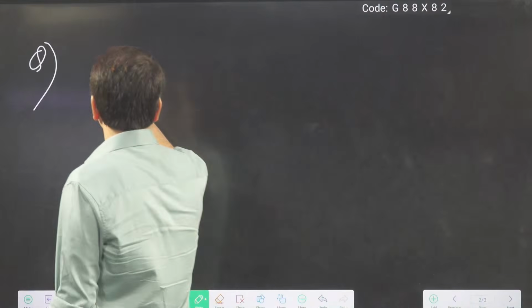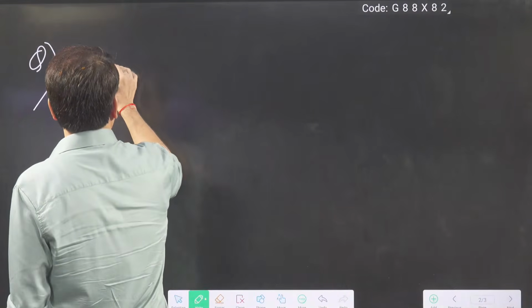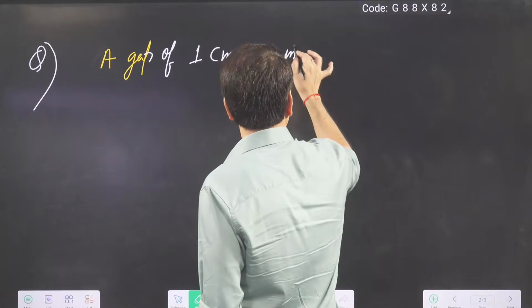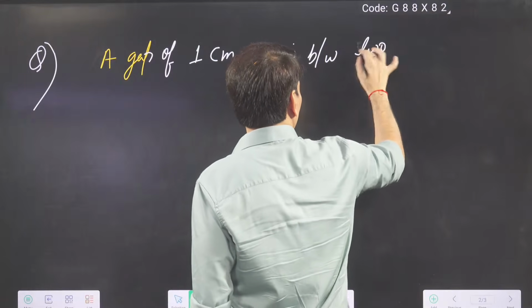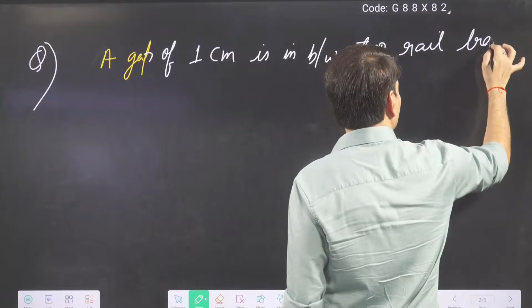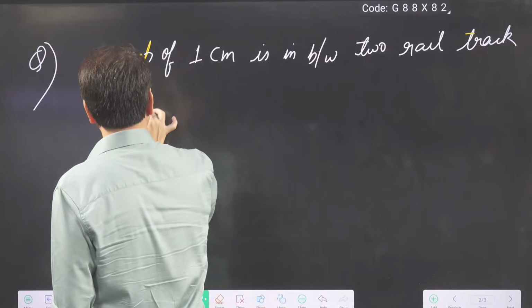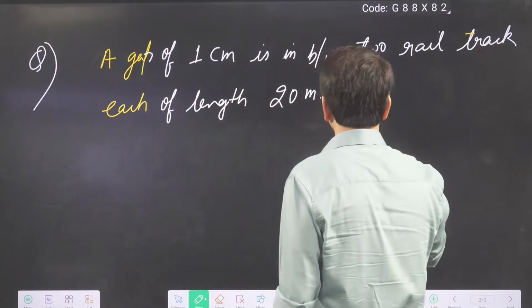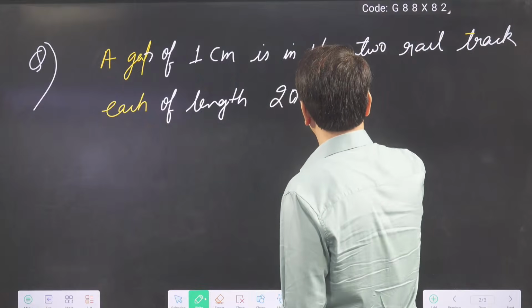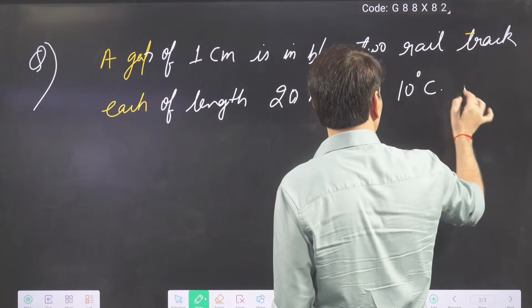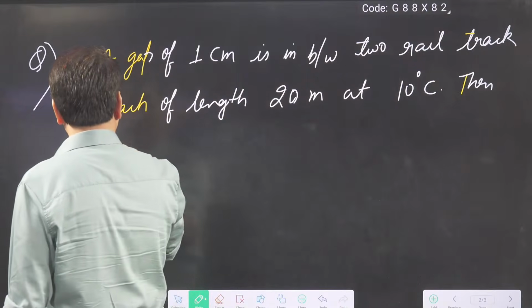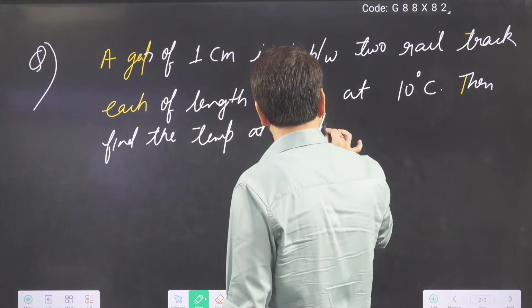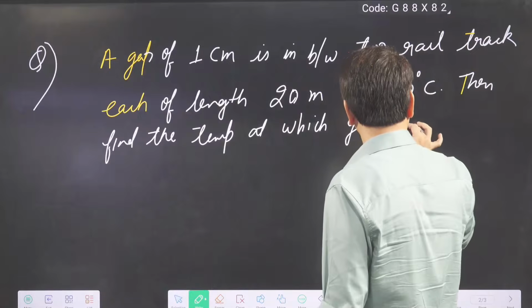Okay, so suppose I am giving a gap of 1 centimeter in between two rail tracks, each of length 20 meter, at 10 degree C. Then find the temperature at which the gap gets filled.